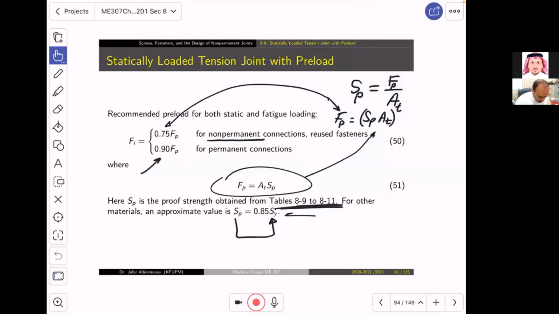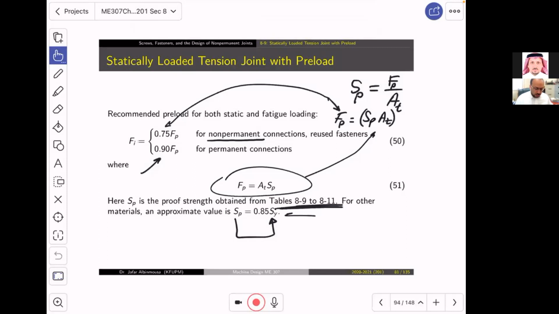Good, ya shabab. If you recall, last class the last slide was where we discussed the preload. We said that the preload Fi is calculated based on the type of joint or connection: is it permanent or non-permanent? It is 75% of the proof load for non-permanent and 90% of the proof load for permanent, respectively.